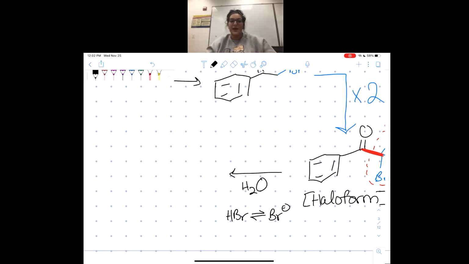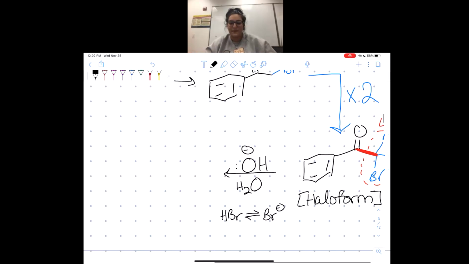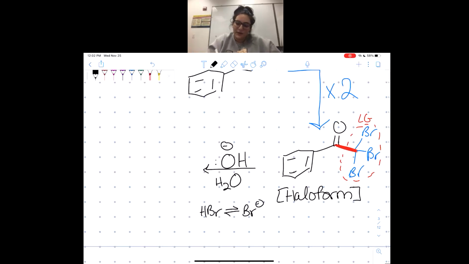Both are present. But most importantly, we have OH minus. And we know that OH minus can act like a nucleophile, right? So if this were to act like a nucleophile, it could attack here and kick off our leaving group.